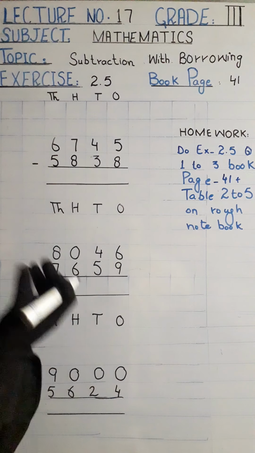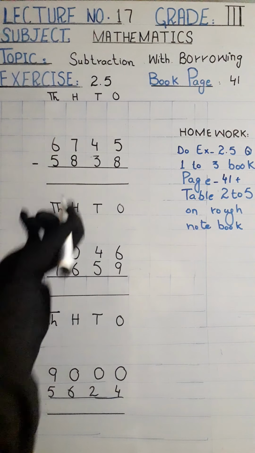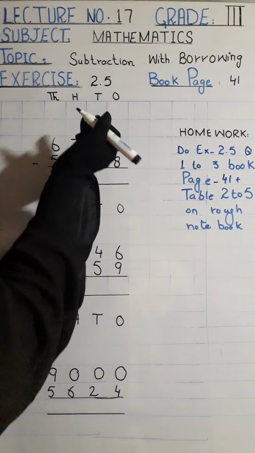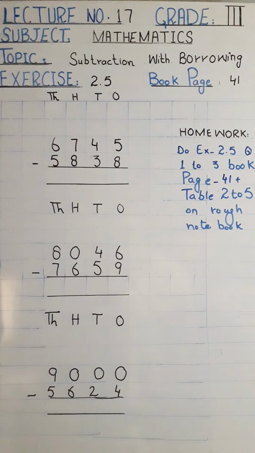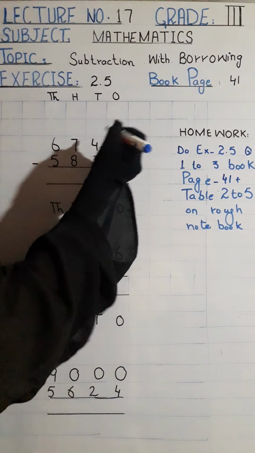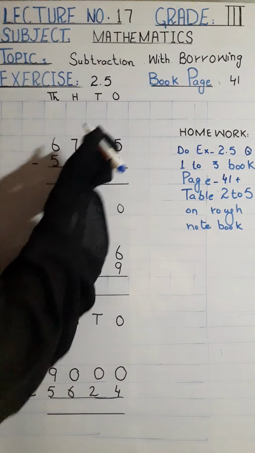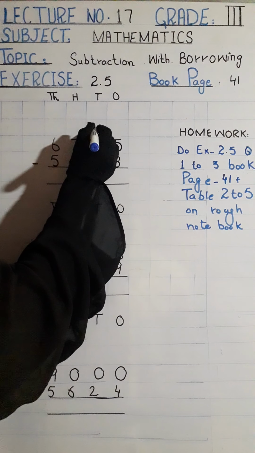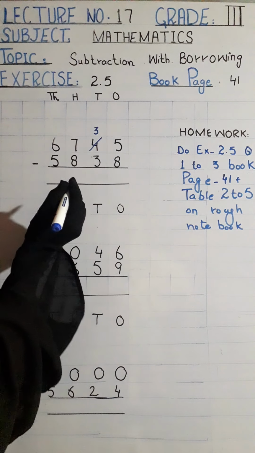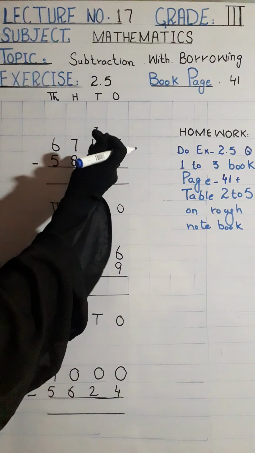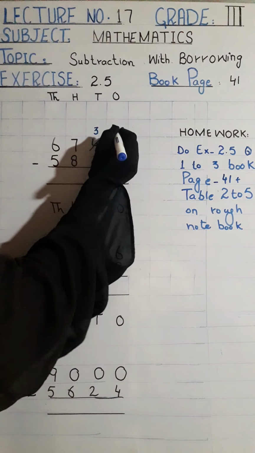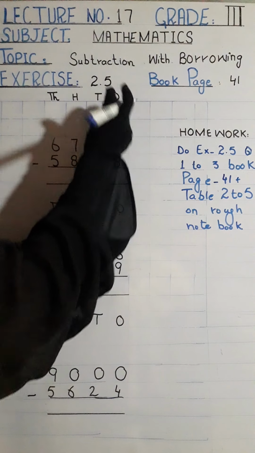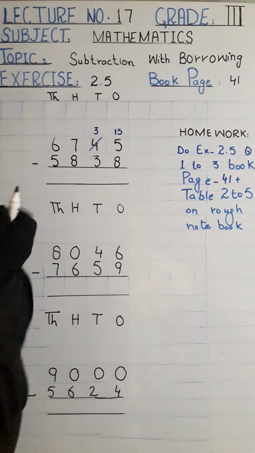So we borrow 1 ten from the tens. This is 5 and we borrow one from it. It's 4, so here 3 remains. We remove 1 from 4 and it becomes 3. And this number is 15 ones.